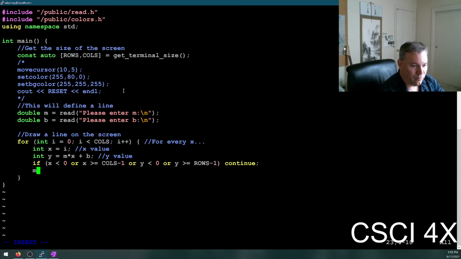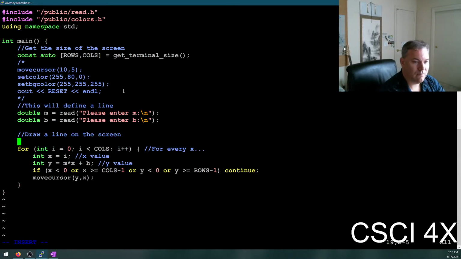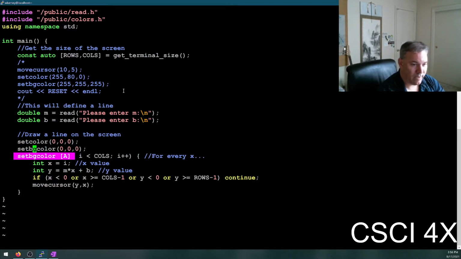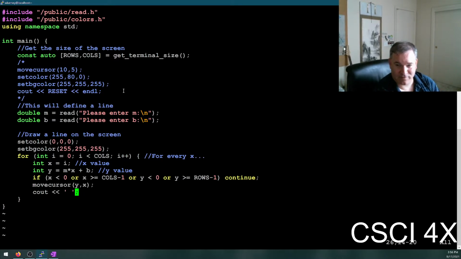Otherwise, we move the cursor to y, which is rows, and x, which is columns, set the color to black, and set the background color to white. We're basically drawing a white box on the screen, because we just echo out a space.